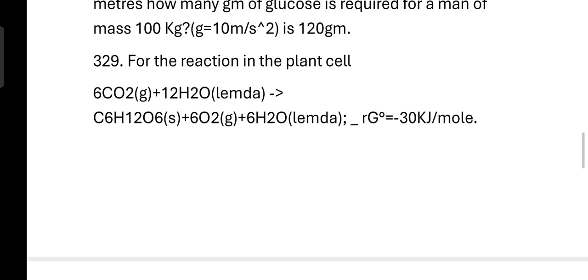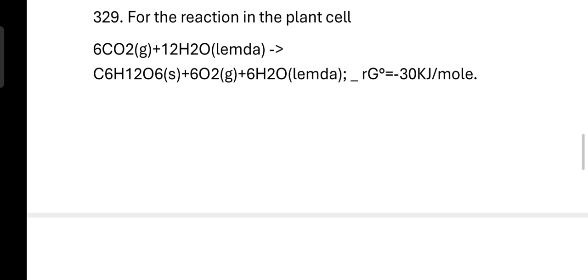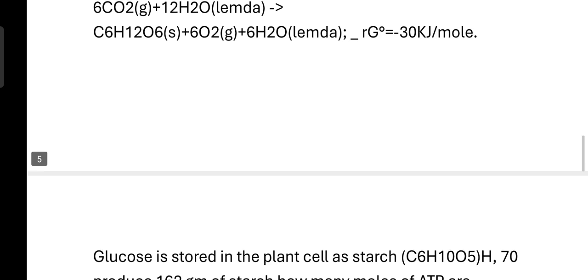For the reaction in the plant cell, 6 CO2 gas plus 12 H2O liquid gives C6H12O6 solid plus 6 O2 gas plus 6 H2O liquid, delta G degree is equal to minus 30 kJ per mole.